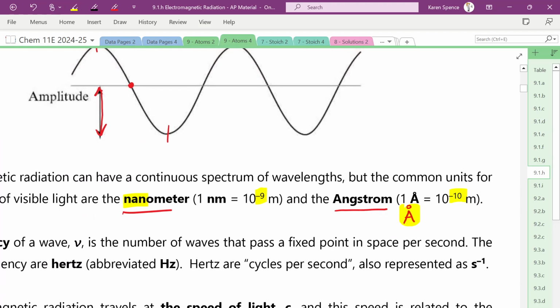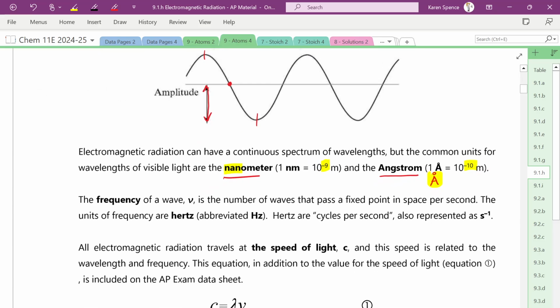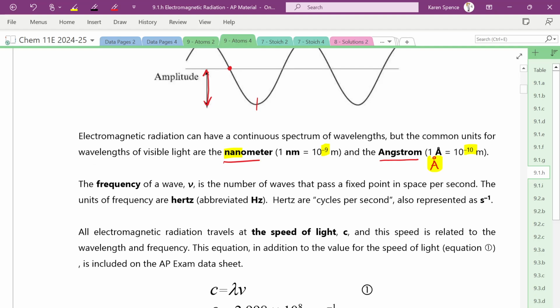I don't think you're going to come across angstroms in the AP exam because they give you all the prefixes. So I imagine they'll give it to you in nanometers. Yes? And if they do give you angstroms, they will probably tell you it is 10 to the negative 10, right? Because that's something that they have not said you need to memorize.